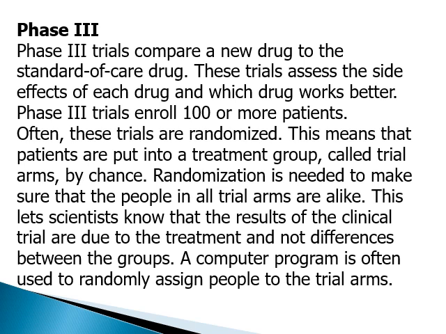Randomization is needed to make sure that the people in all trial arms are alike, which lets scientists know that the results of the clinical trial are due to the treatment and not differences between the groups. So the computer will do this task, assigning people.